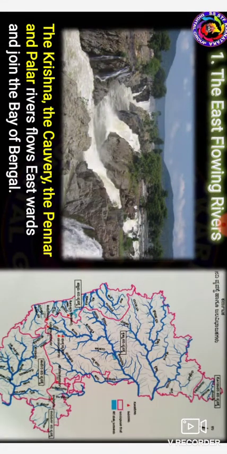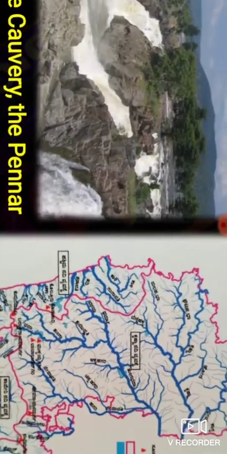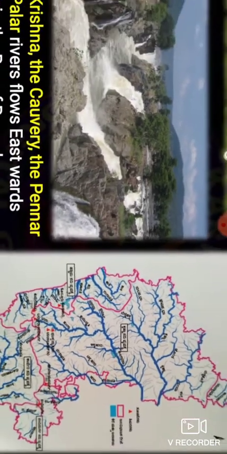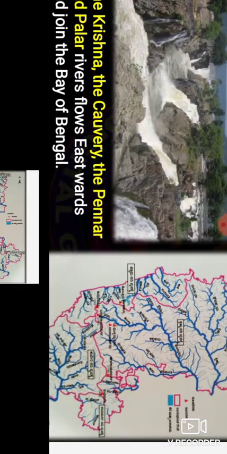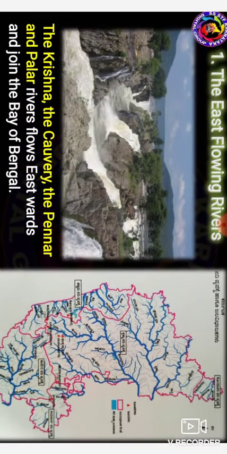Look at the map: Krishna, Kaveri, Pennar and Palar. The first is the Krishna river, then Tungabhadra, and on this side Kaveri, and then in Kolar district the Pennar and Palar rivers. These rivers flow eastward and join the Bay of Bengal.